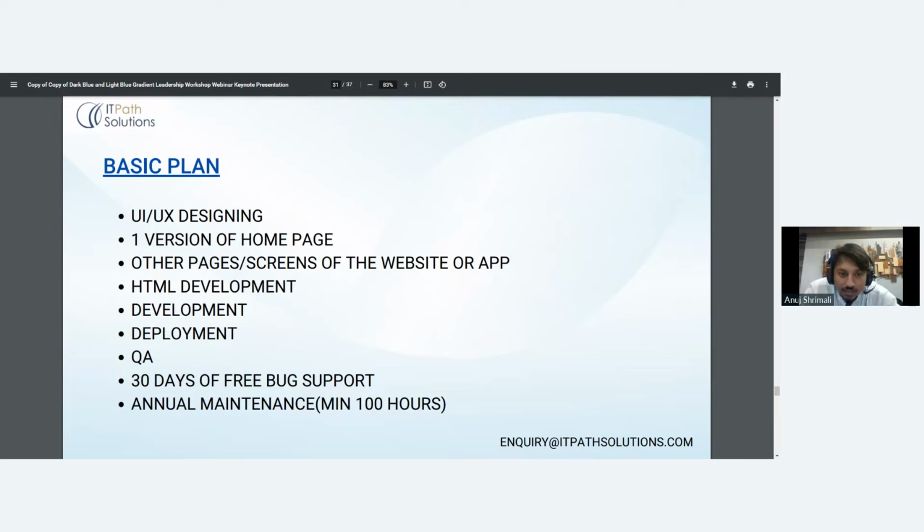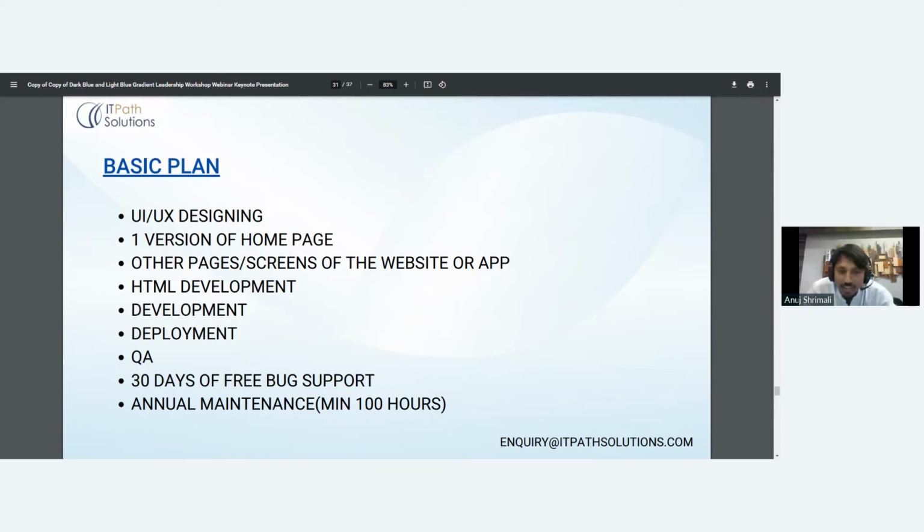We have three plans all in all. First is the basic plan, second is the intermediate plan, and third is the advanced plan. In the basic plan, we are including UI UX designing from scratch. During that, we provide the first version of the homepage, where we design the basic structure layout for client understanding, and then we move further with the other pages and screens of any website or e-commerce application.